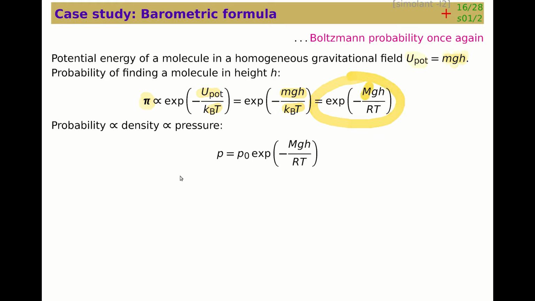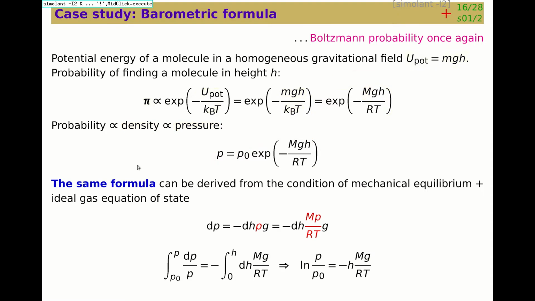This is the molar mass of the gas, and the probability of finding a molecule of ideal gas is proportional to its density and to pressure. So this is the final formula, where P0 is the pressure at sea level, at h0.